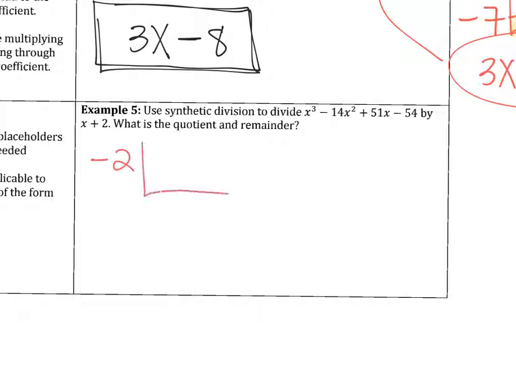Draw my upside down division box. And again, I only care about the numbers. So I'm only looking at what's in front. Well, there's nothing here. Negative 14, 51, and negative 54. So if there's nothing there, I've got 1 x to the third power, negative 14 x squareds, 51 x's, and negative 54.